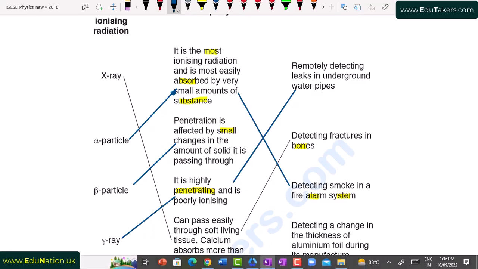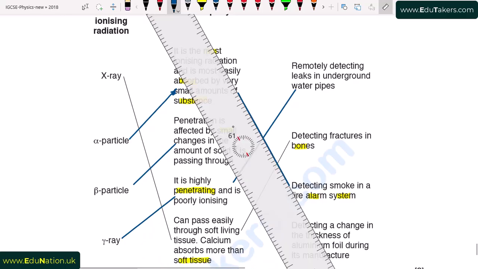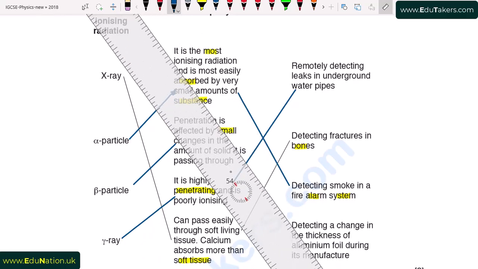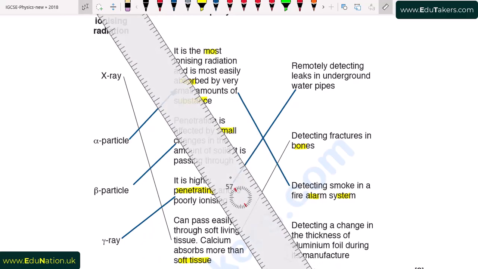So this is basically the one whose penetration is affected by small change in amount of solid. So I join these 2 points, just like this. So we have completed this diagram.